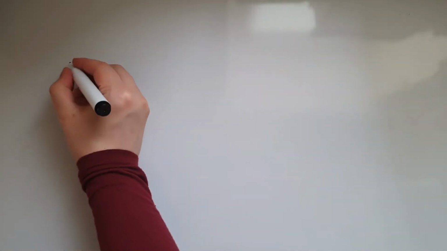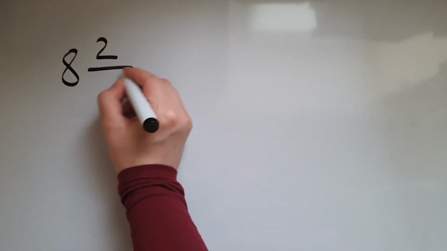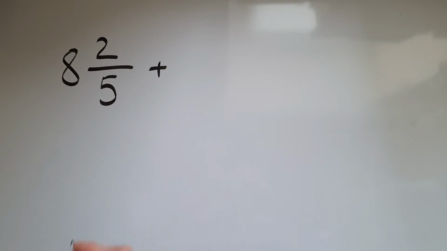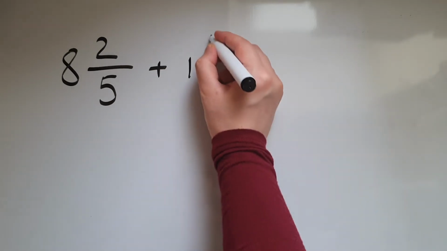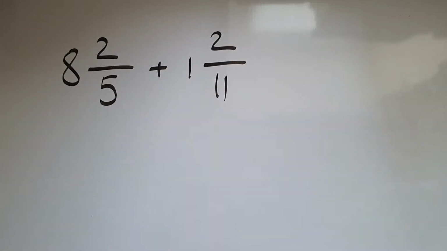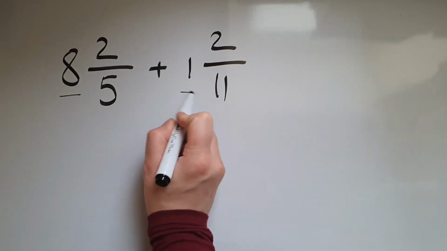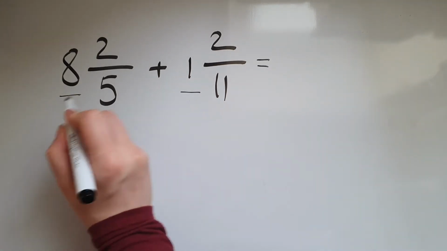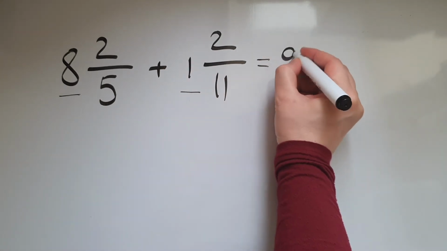Let's try another example. So we have 8 and 2/5. We're going to add 1 and 2/11. So we can first add the whole numbers if we like. So 8 and 1 gives us 9.